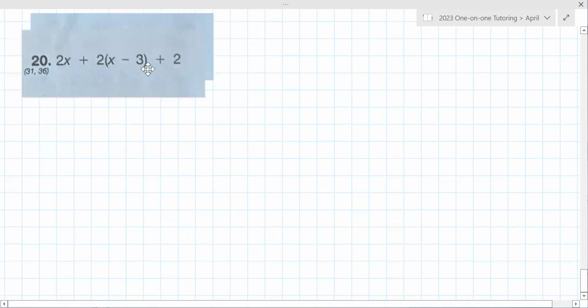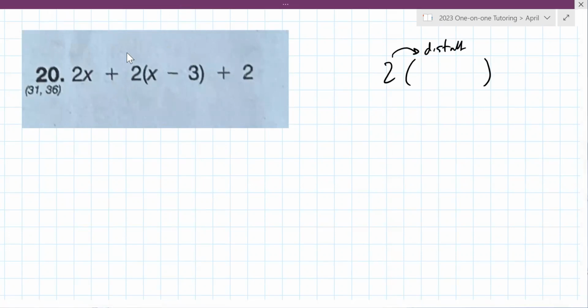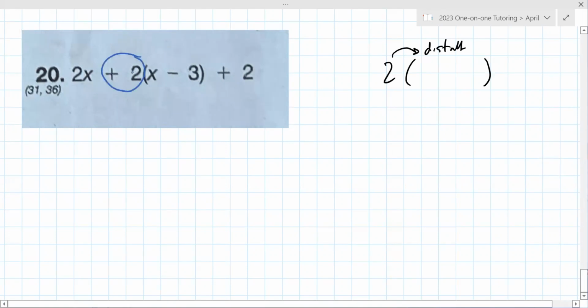Whenever you see parentheses, you should think I'm going to distribute. You're going to distribute this number inside parentheses. So that the number is actually +2. The operator goes with it, it becomes the sign. That's what you're multiplying each of these by. You're taking that 2 and multiplying by x. You're taking that 2 and multiplying it by -3.